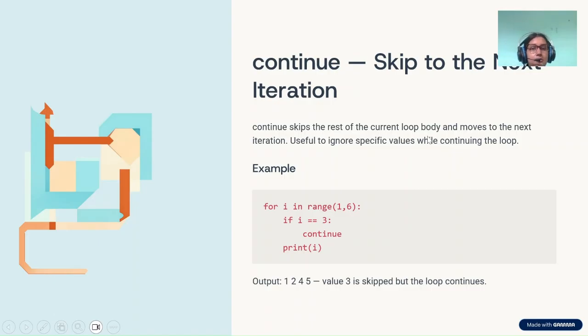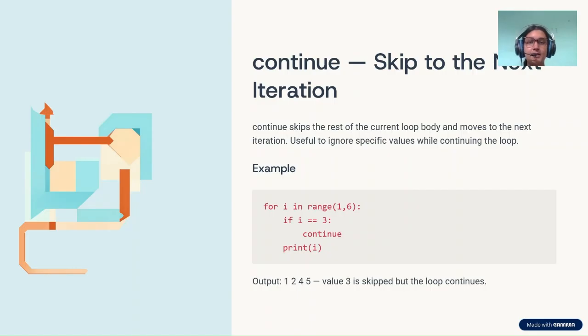Next is the continue statement. The break and continue statements can often be confusing because they sound extremely similar, but they are in fact not. Continue is used to skip to the next iteration. You see, when I started learning programming, I was very confused between these two because they seemed like the same thing to me, but they aren't.